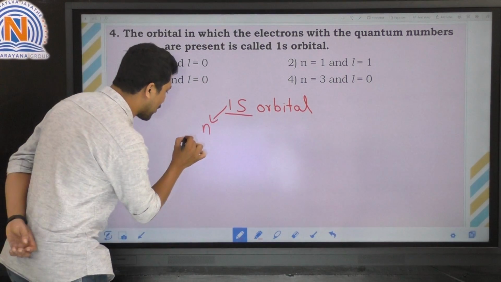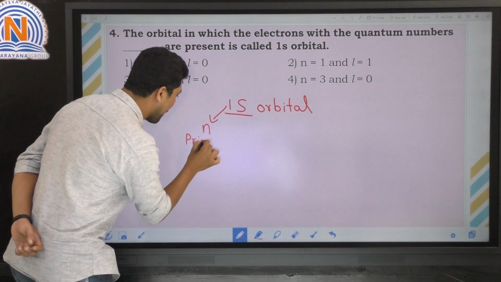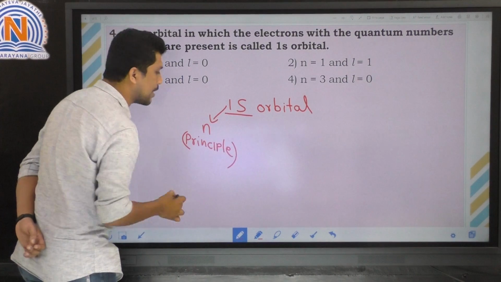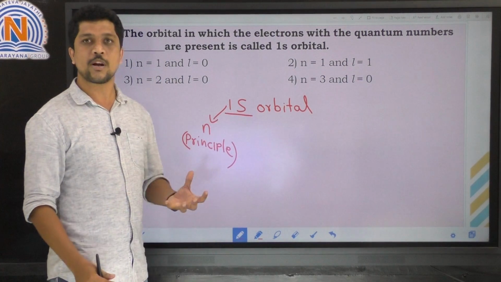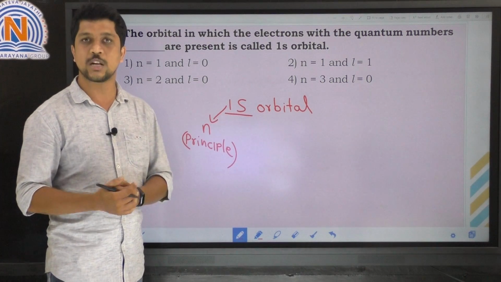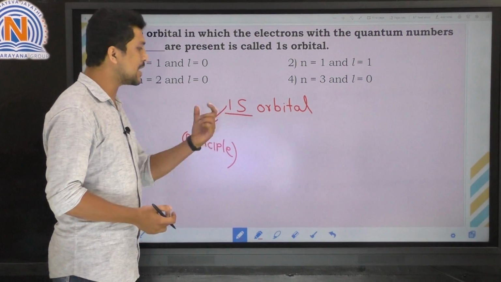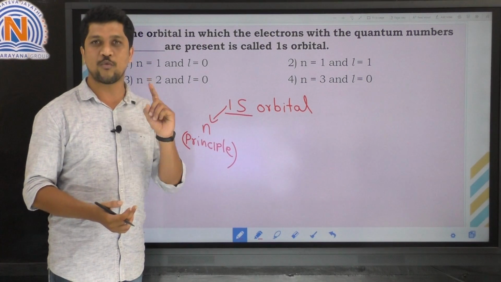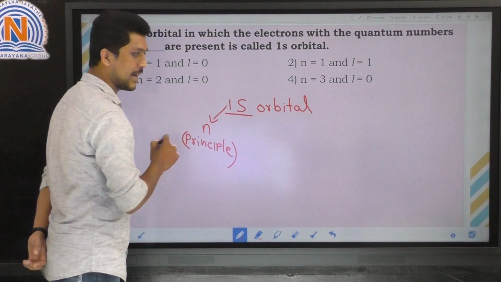Generally the principal quantum number represents the number of shells present around the nucleus. This 1 indicates that the atom contains only one shell.